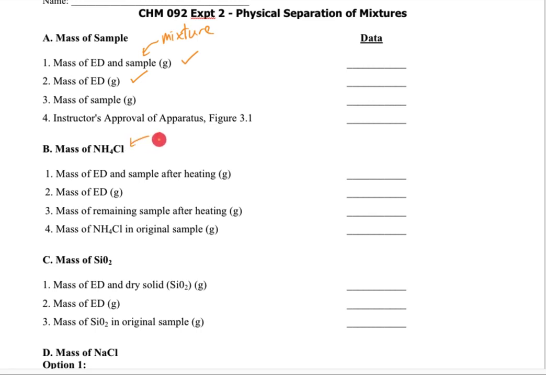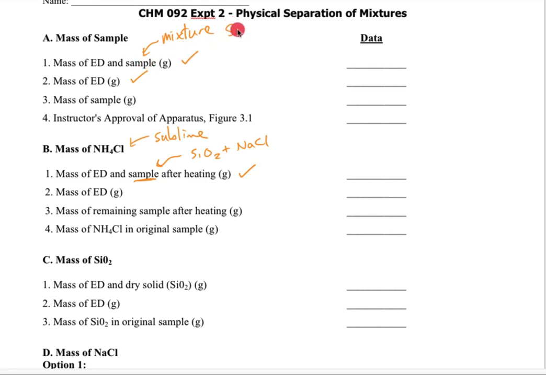Remember, the ammonium chloride is going to sublime away. And then this is another piece of data, the mass of the evaporating dish plus the sample. Now, at this point, this sample that they're talking about is just going to be the sand plus the sodium chloride.